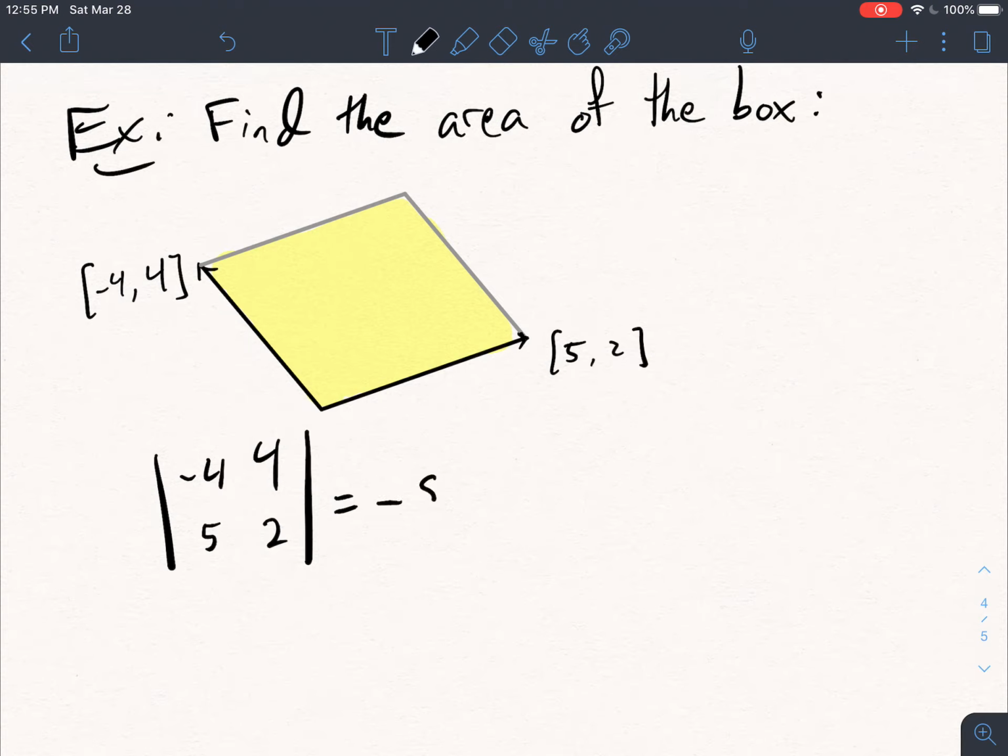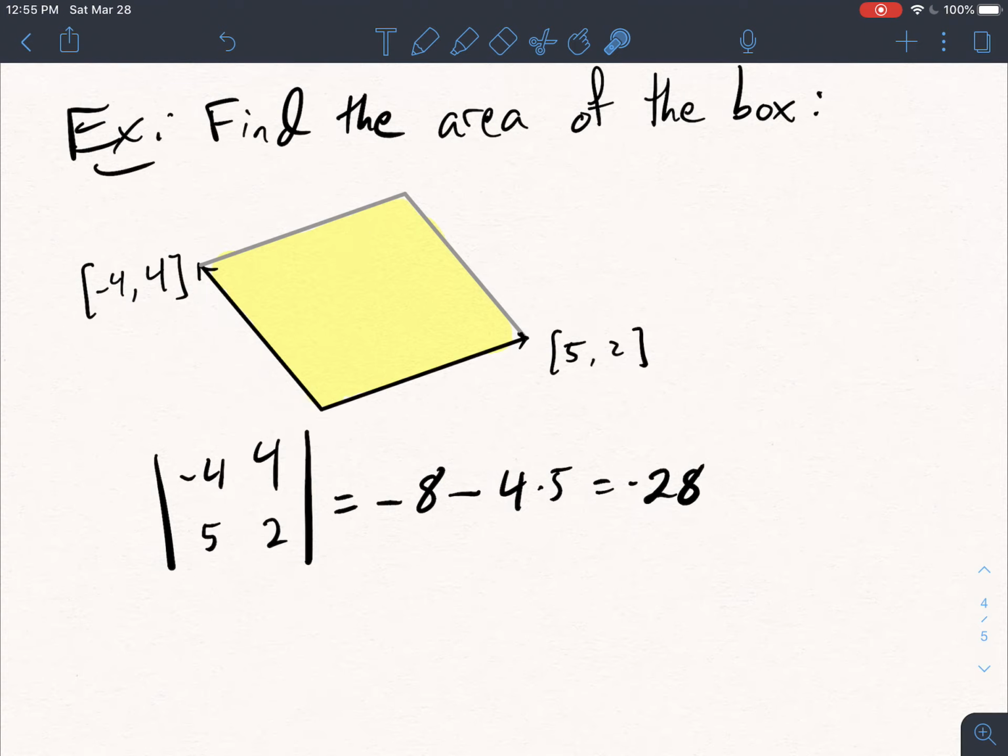So if I take the determinant, I would get negative 4 times 2, which is negative 8, minus 4 times 5, which is 20. So this would be negative 28. Note that it is a negative answer that we're getting here.